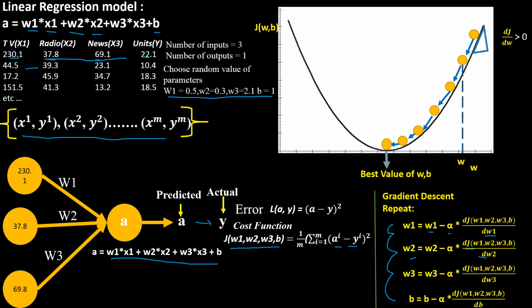For W3, we'll take the gradient with respect to W3. And for bias, we'll take the gradient with respect to bias. And for each of the four parameters, we'll repeatedly do it till we reach the best value of W1, W2, W3, and B. And we say that our regression model is finally trained when we get the best value of our parameters. So this picture summarizes the multiple linear regression.